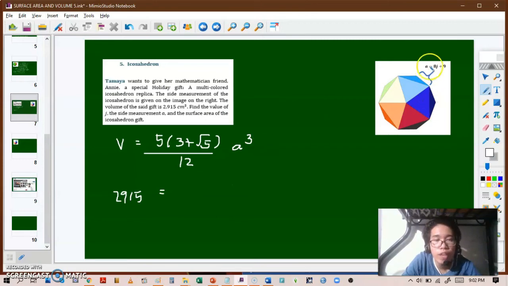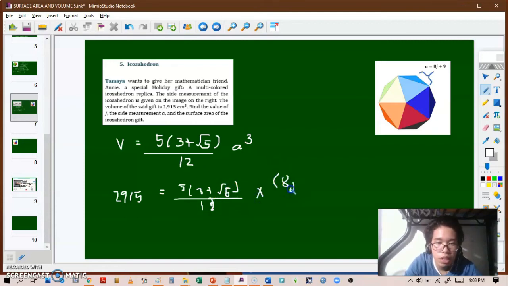To solve for the value of J, we simply use the formula for the volume of an icosahedron. The volume is equal to 5 times the quantity 3 plus the square root of 5, all over 12, times a cubed. And we know that the value of A is equal to 8J plus 9.